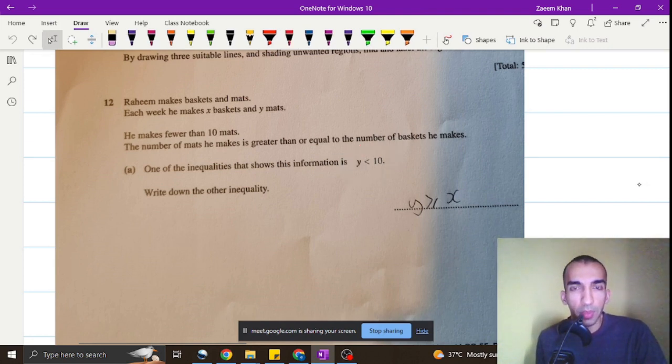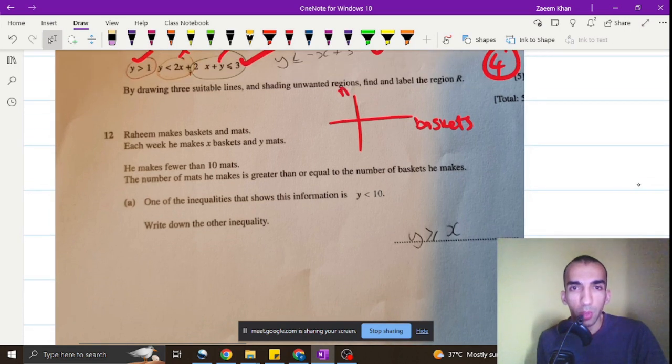If I were to draw a grid, the x-axis represents the baskets he makes, and the y-axis represents the mats he makes. He's making x baskets and y mats. You still do not know what the exact value is, but he says he makes fewer than 10 mats.